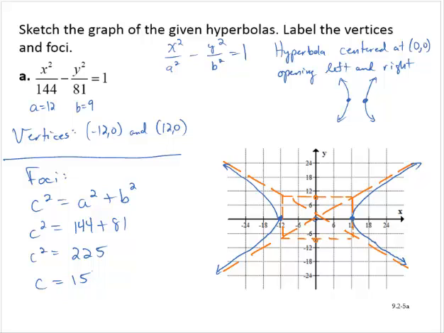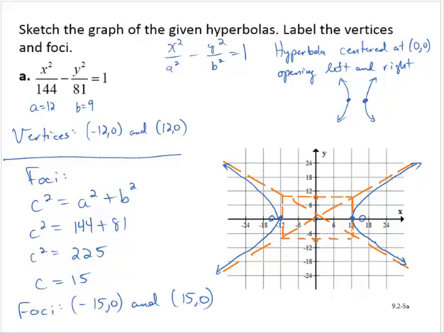The foci are located within the branches of the hyperbola. From the center, go 15 units left and 15 units right. So the foci are at negative 15, 0 and positive 15, 0.